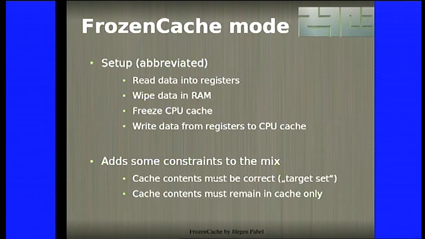So what you do is you take that data, load it into a CPU register, then overwrite the data in memory, make sure that write actually gets sent down to the memory so that data is no longer present in memory, and then you freeze the CPU and write the data into the CPU cache so that it now exists there. And for as long as the CPU cache doesn't decide to flush this data back out into memory, you don't have the actual values in memory.